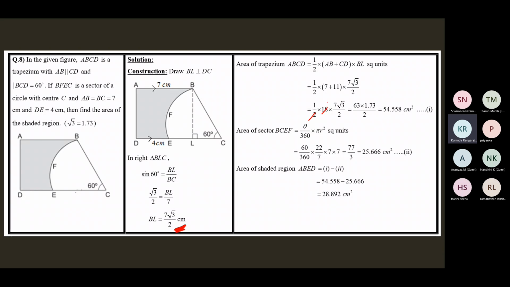So 9 sevens are 63, into 1.73 by 2. 63 into 1.73 divided by 2. Oh, yeah, 54.495, right? Yes, ma'am. Correct.